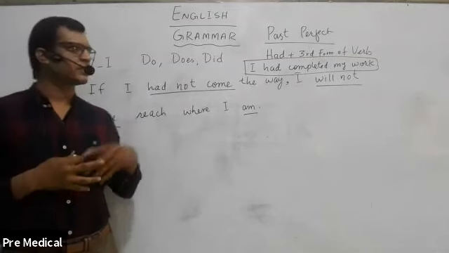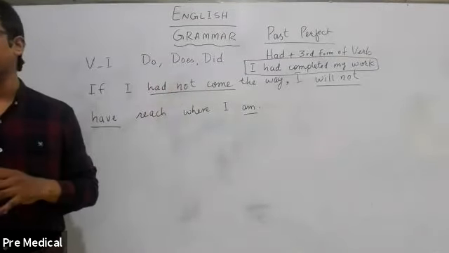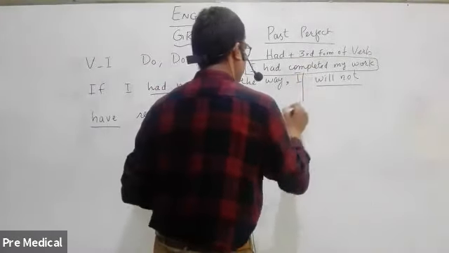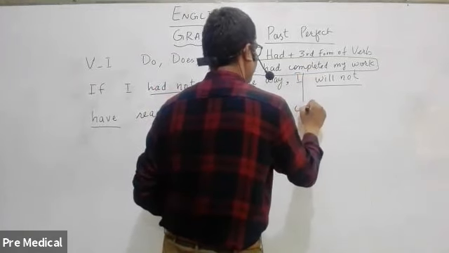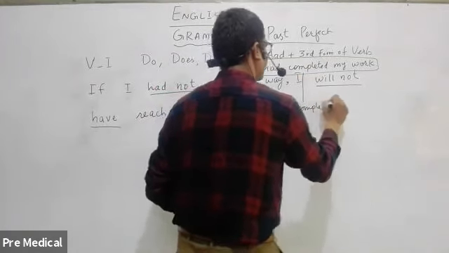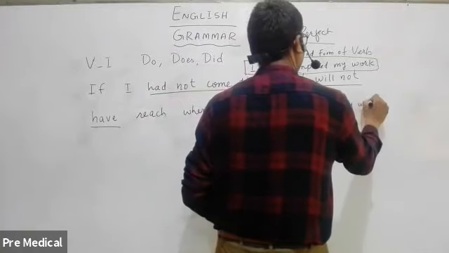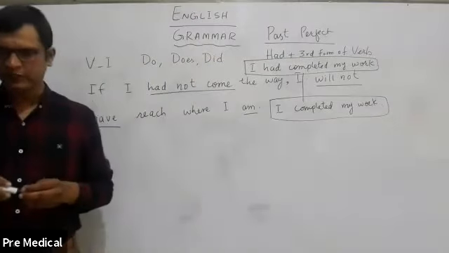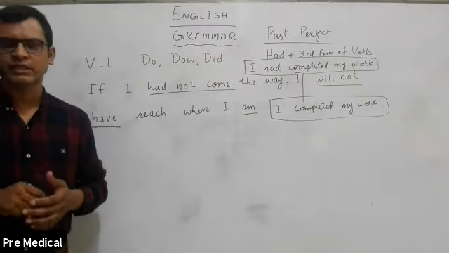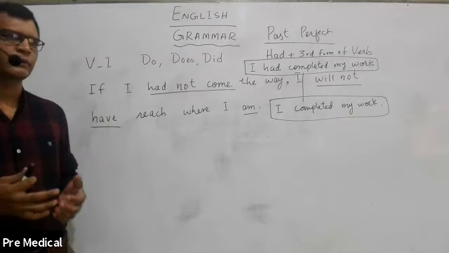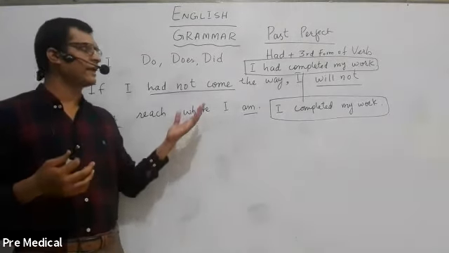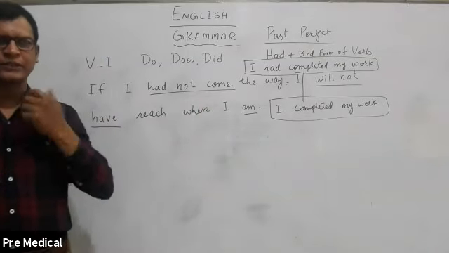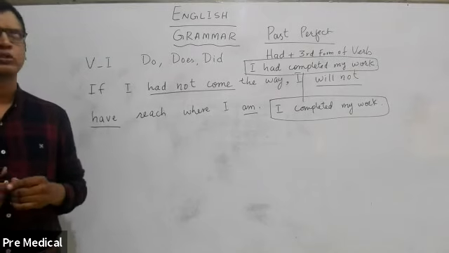Because the same idea, like I had completed my work, I can also express by saying I completed my work. How can we figure out whether we need to use past perfect tense or past simple tense? If I say I had completed my work or I completed my work, how can I be sure which one is the suitable one?